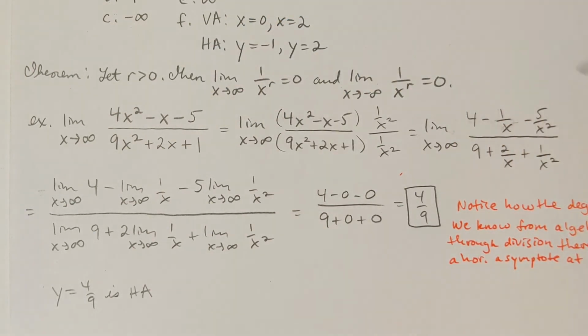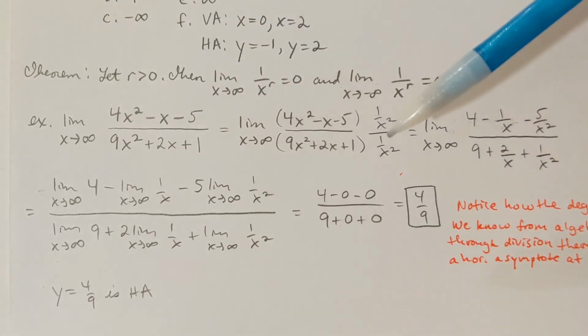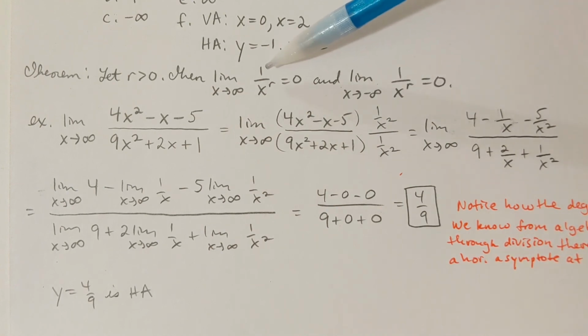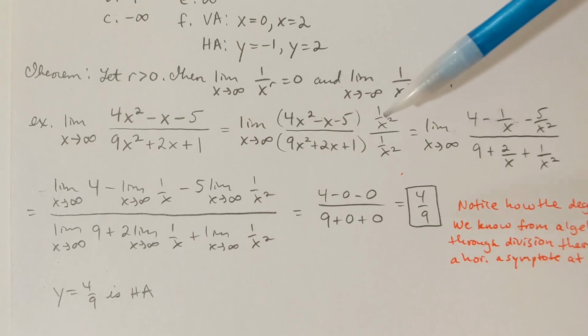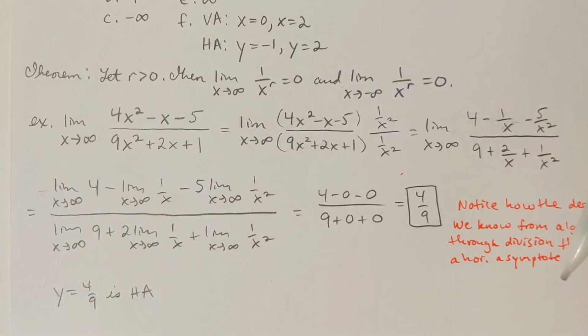I want to find the limit as x approaches infinity of 4x squared minus x minus 5 over 9x squared plus 2x plus 1. The strategy here is to rewrite this function into a form where each of the terms are of the form 1 over x to the r, and then I can use my limit laws and get the answer.